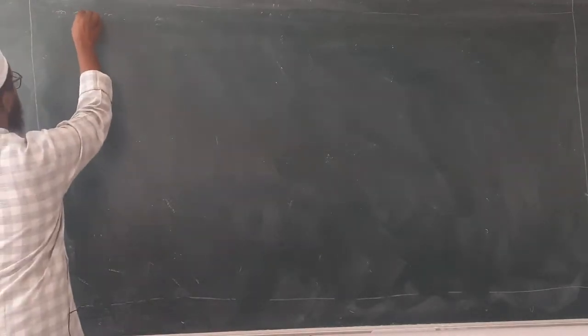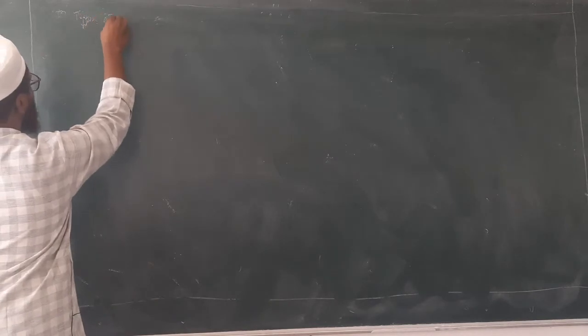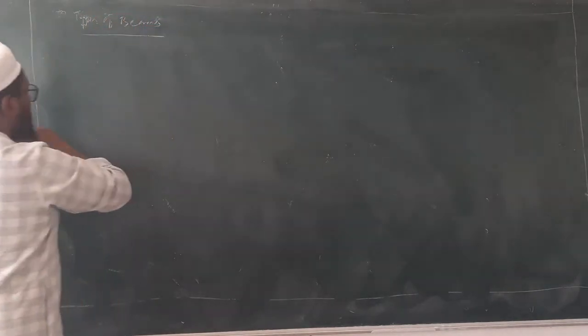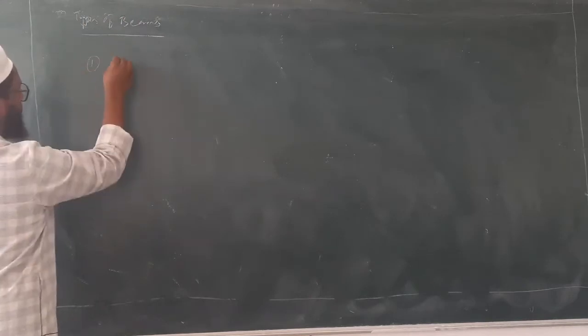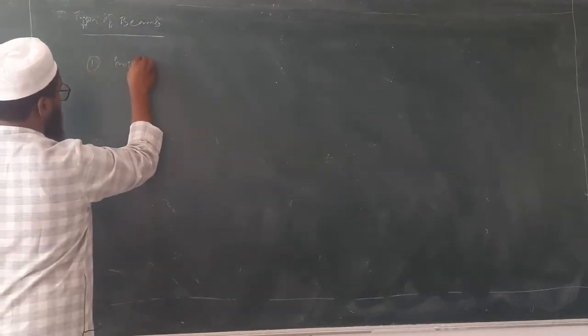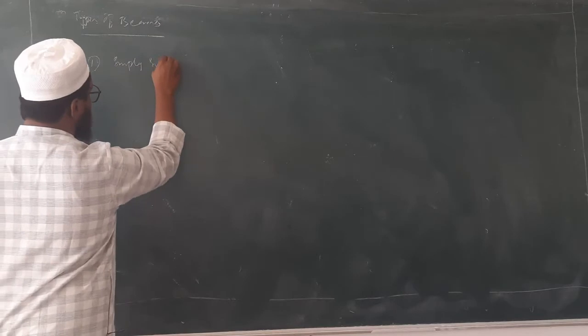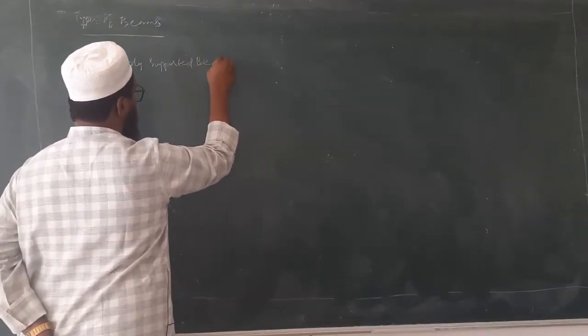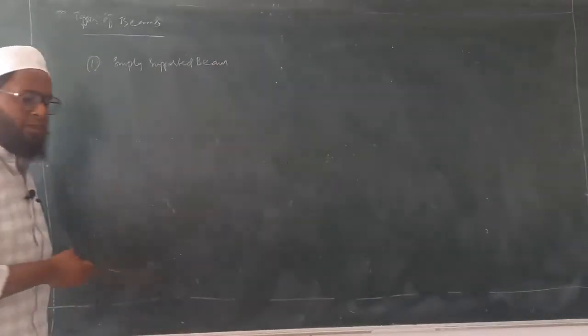Otherwise, we'll take up types of beams also. First one is simply supported beam. What do you mean by simply supported beam? The beam which rests on two supports.